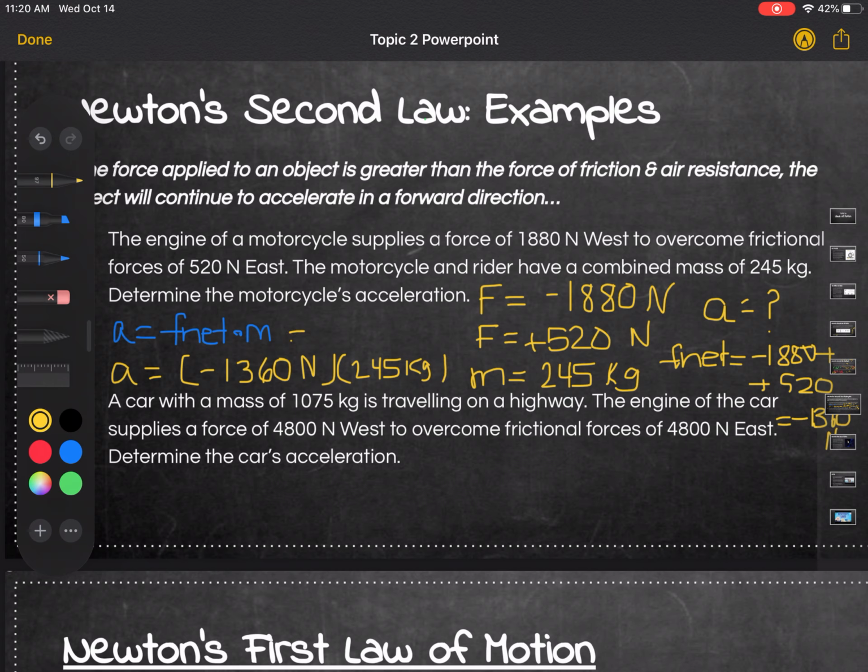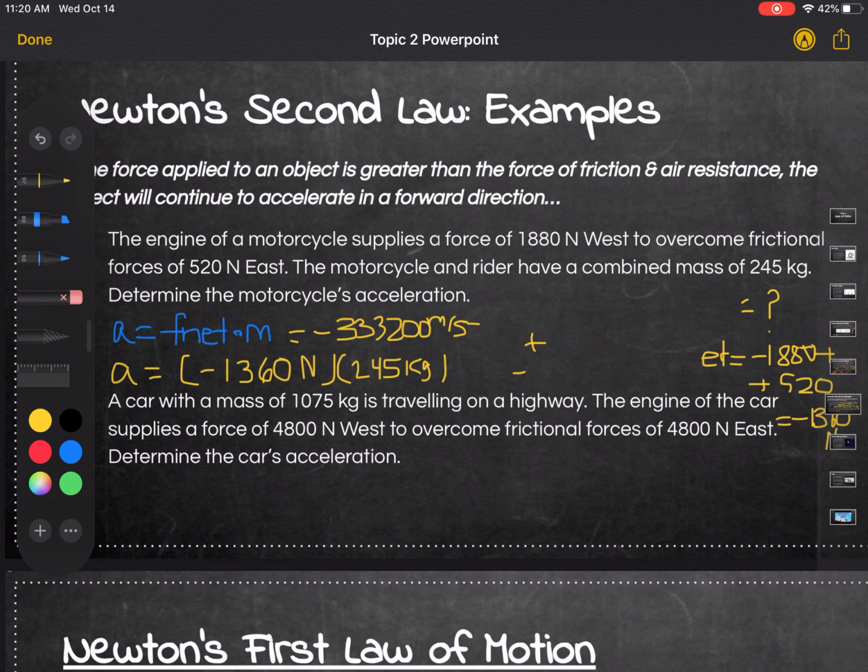All right, so if we do that out in our calculator, I got an answer of negative 333,200. That's an acceleration, so it should be in meters per second squared. Sorry, I've got so much stuff written here. I'm going to erase some just temporarily.